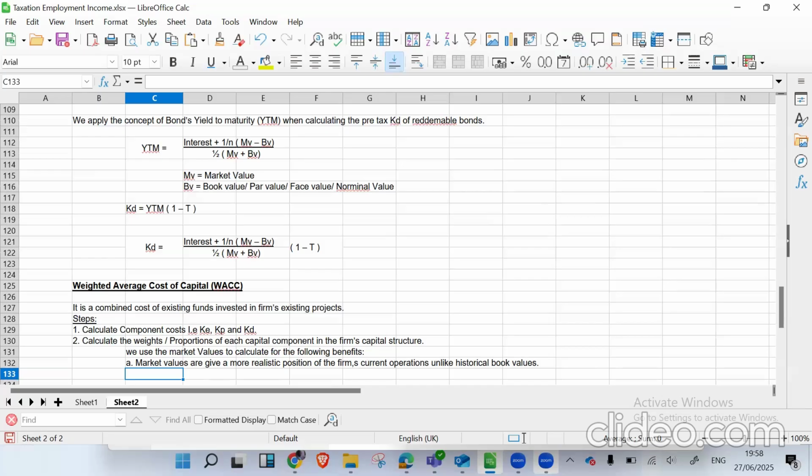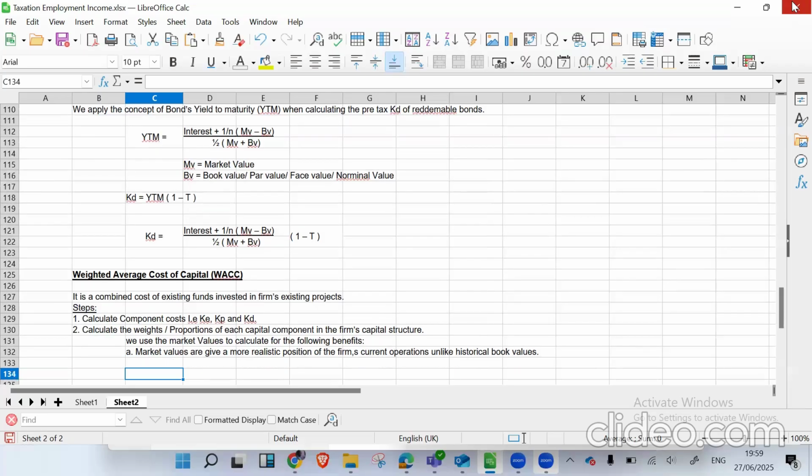Hence, the funds raised should also be evaluated on their cost based on the market. Can skip one line, then you talk about the disadvantages.